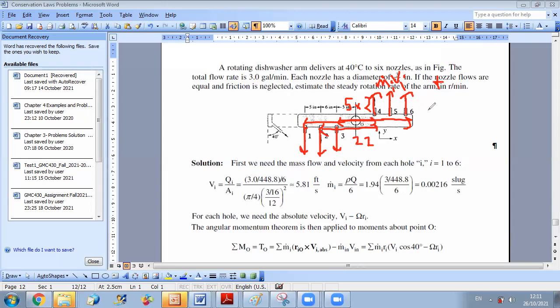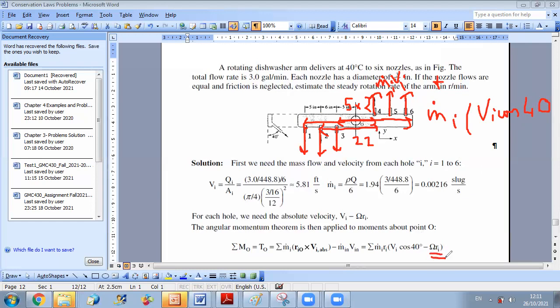So in total, if you want, it's m dot I times VI absolute, and VI absolute is VI cosine 40 minus omega RI. Here, look, here I should pay attention.